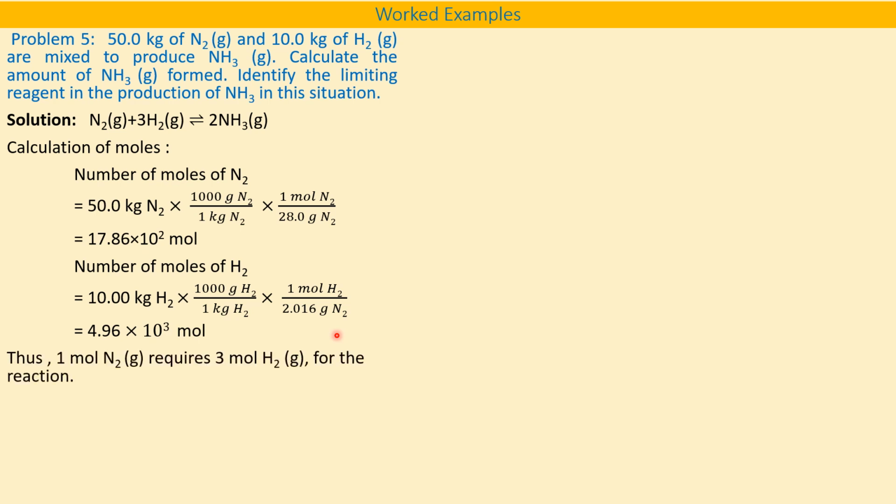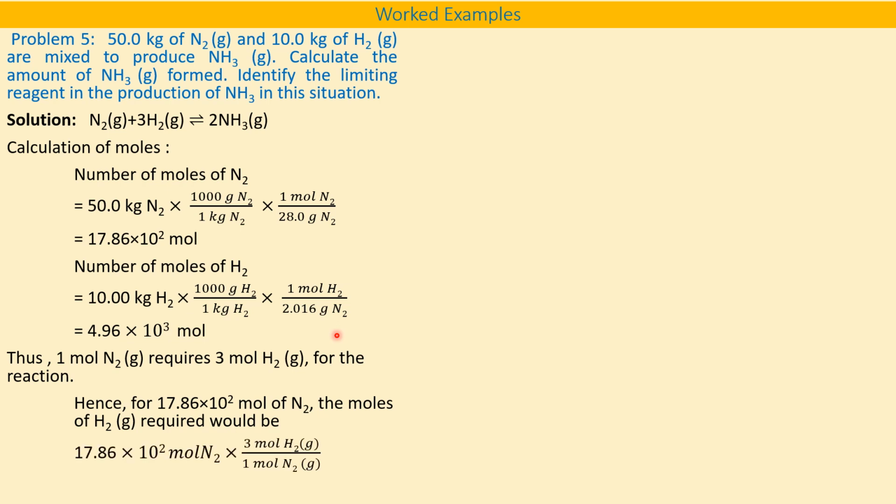Hence, for 17.86 × 10^2 mole of nitrogen, the moles of hydrogen required would be 17.86 × 10^2 mole of nitrogen multiplied by 3 moles of hydrogen gas divided by 1 mole nitrogen gas.